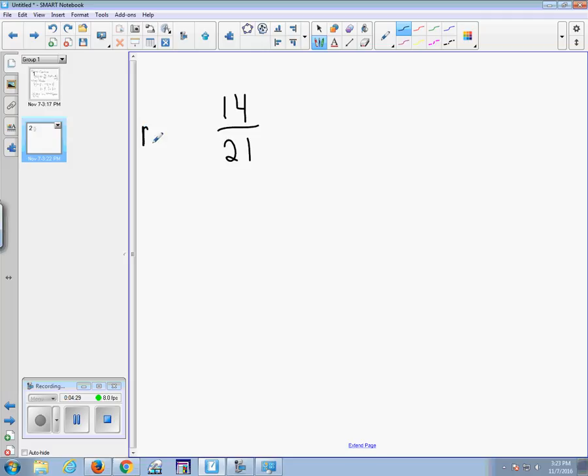Maybe reduce. So take a minute to do that. Okay. Hopefully you've noticed that you have 2 times 7 divided by 3 times 7. Cancel the 7s, and you get 2/3.